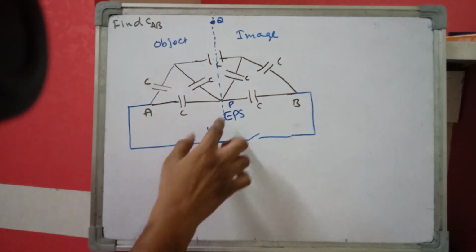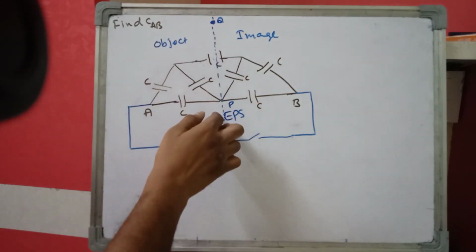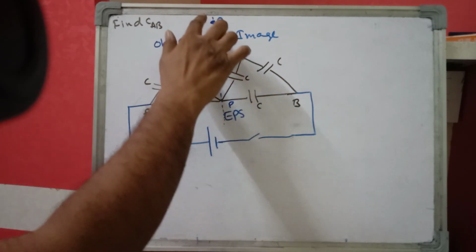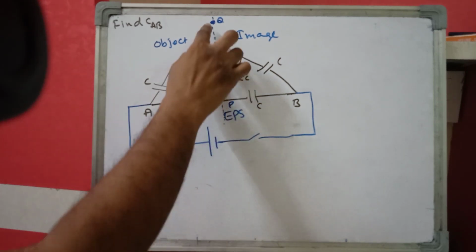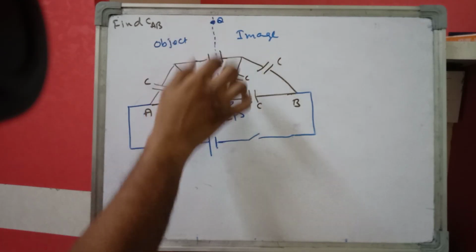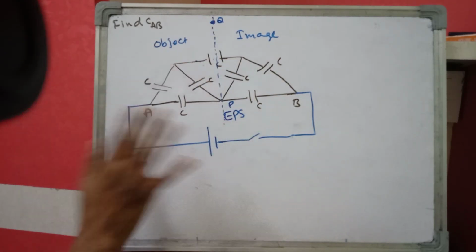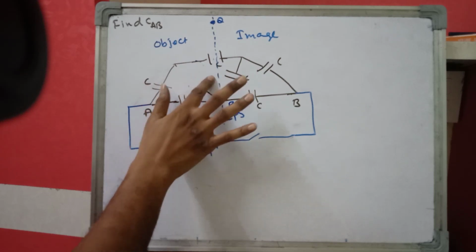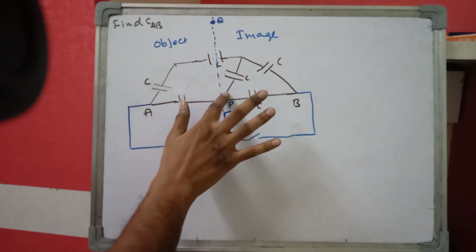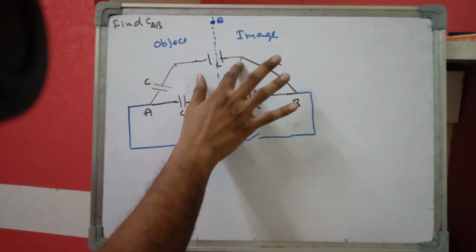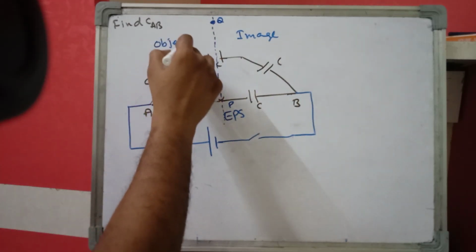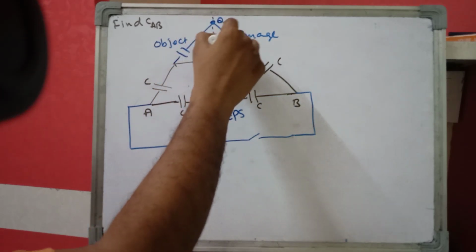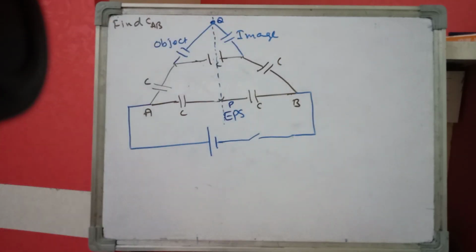Because all these points are at the same potential, by connecting these two capacitors at point Q, you are not changing the circuit. The circuit remains the same. So now let us remove these two capacitors, this capacitor and this capacitor, and connect them at point Q, like this.